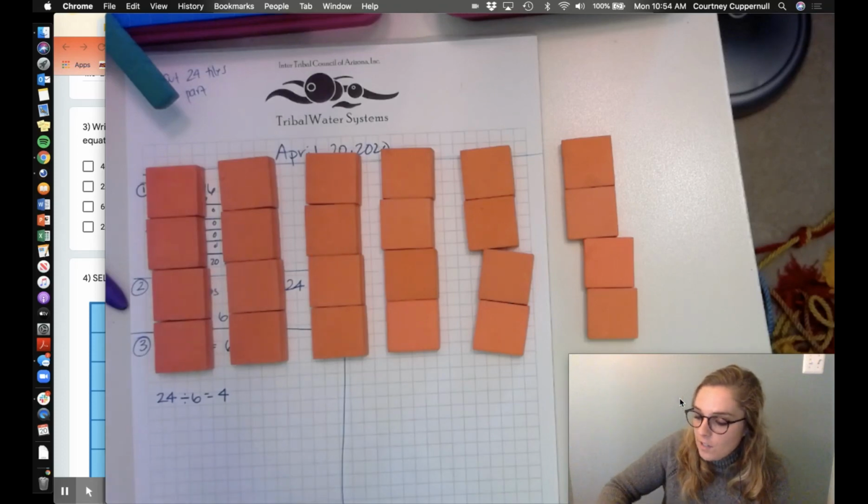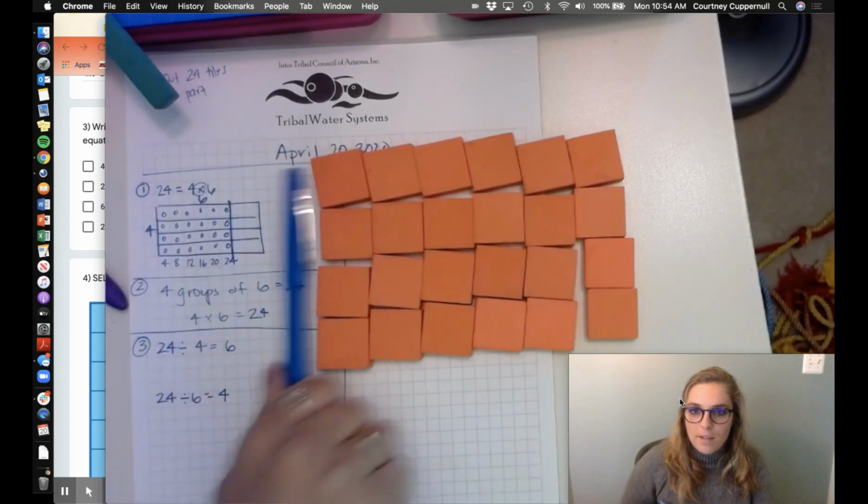So if you're seeing a division equation, combine my array back together, that was kind of cool.